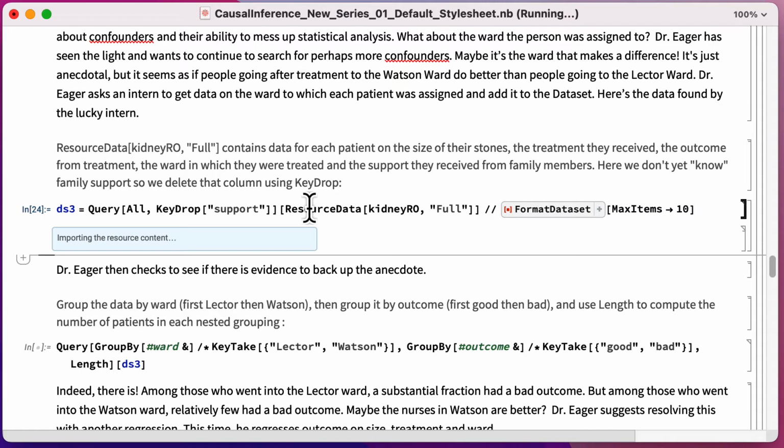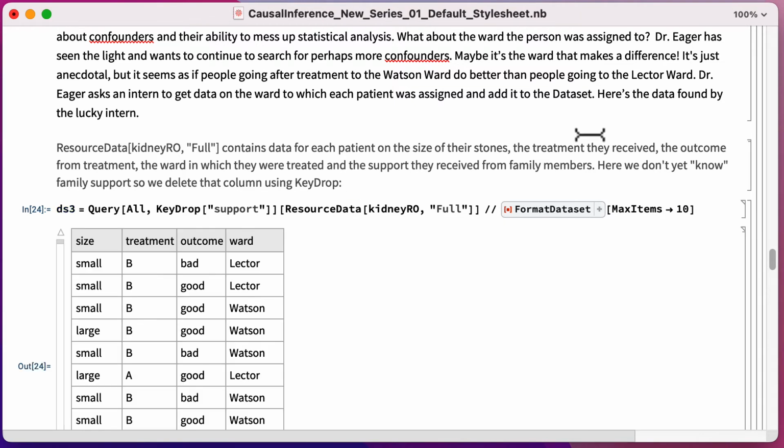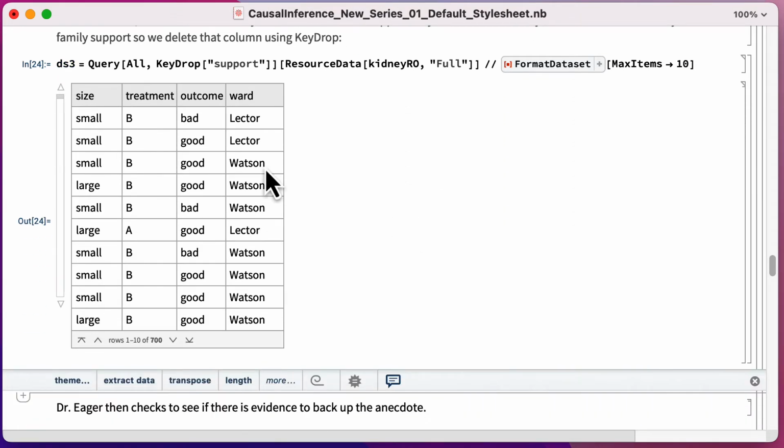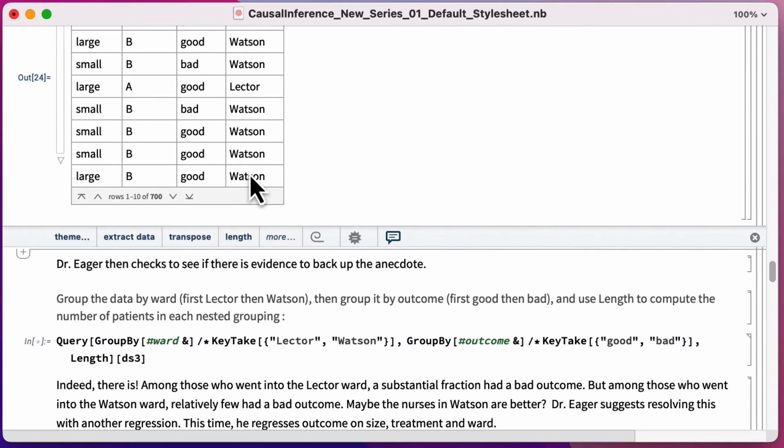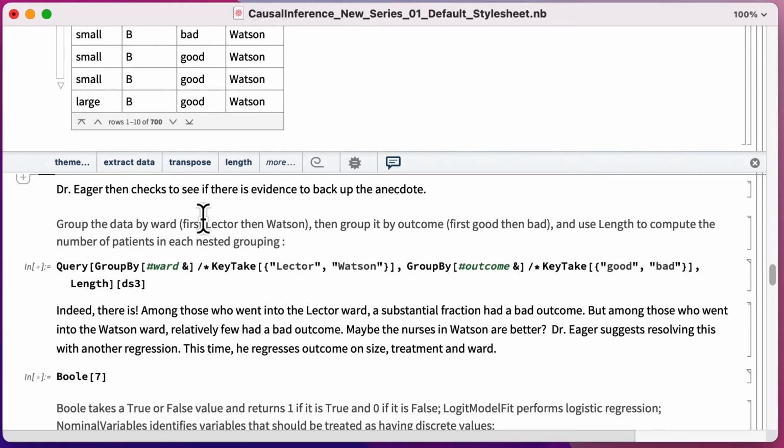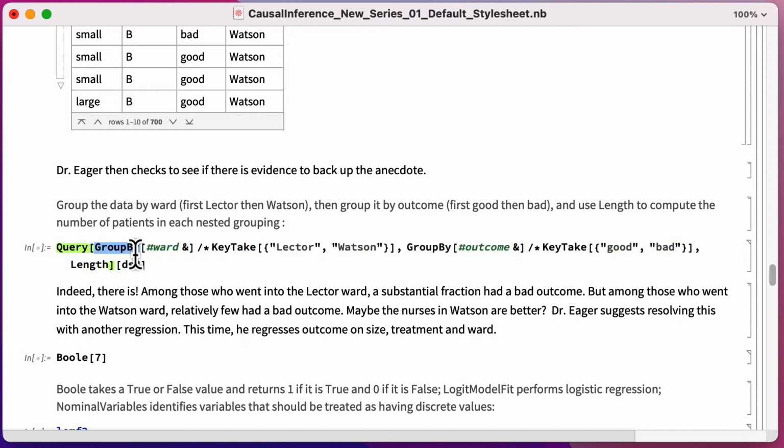And just a moment, we should have it. All right, there we go. And you can see we've now added data on whether the patient was sent to the Lecter ward or the Watson ward. So now what Dr. Eager is going to do is he's going to group the patients by the ward and then look at the outcome.